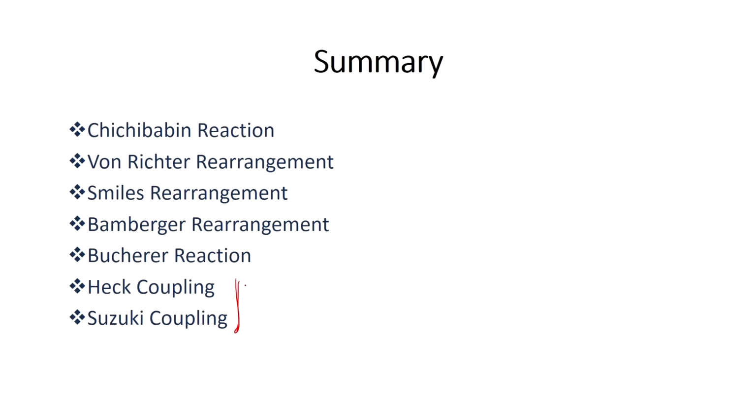Then we have seen the C-C cross coupling reactions. We have seen two examples in this class. The first one is the Heck coupling reaction. Suppose we have the aryl halide and the alkene; you can react them in the presence of palladium acetate, phosphine ligand and base, and you will be able to make the styrene derivatives.